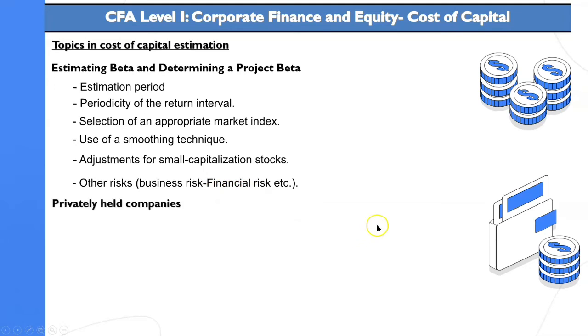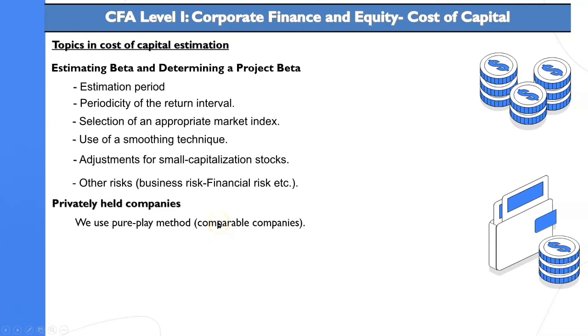There are also other issues besides estimating beta, the issue relating to companies that are not publicly traded in the stock market. So how much is its value? They pay dividends, but we don't know about it because the information is not public. It is privately held. In such cases, we use pure play, which means we use comparable companies.